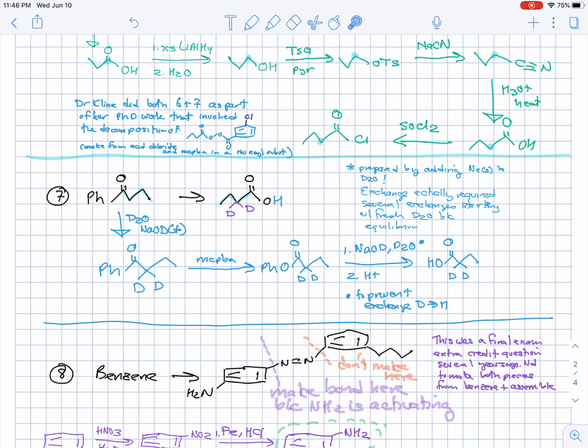And we do that by going via an enolate. So the base makes the enolate of this, and then when it reprotonates, it actually redeuterates, and over time you can replace all of the alpha hydrogens with deuterium. This actually took a couple of passes. So the first time I did it, it wasn't 100% deuterated.